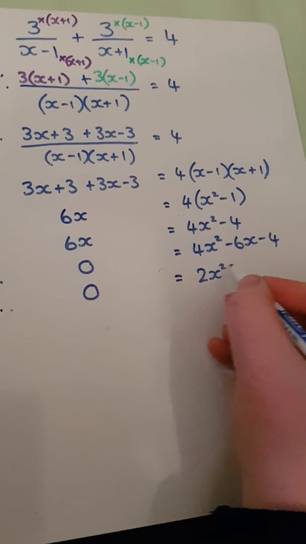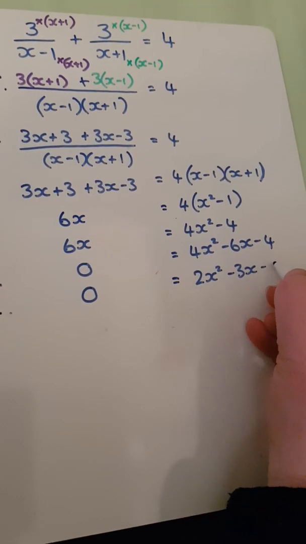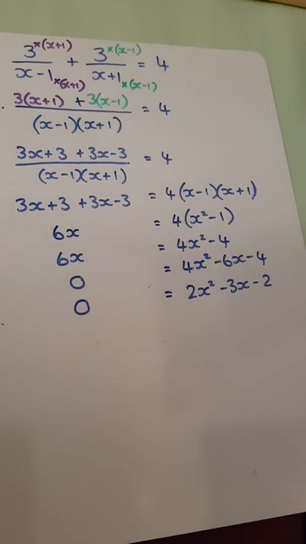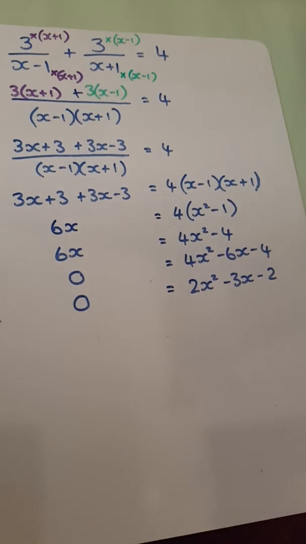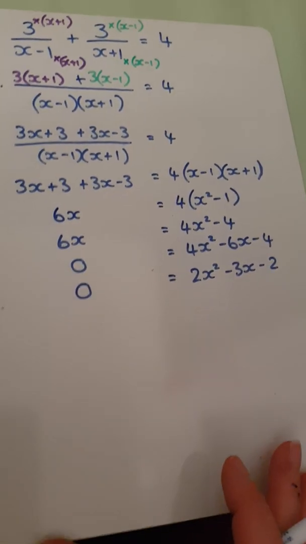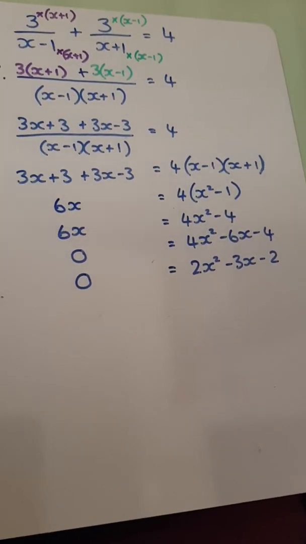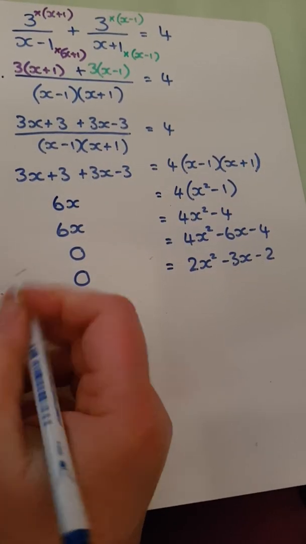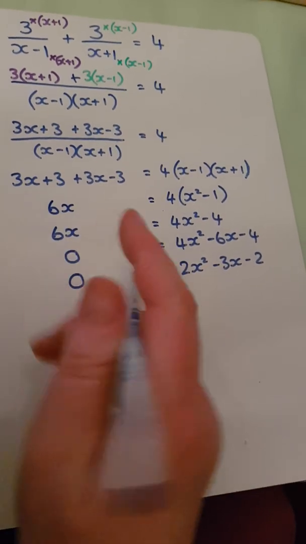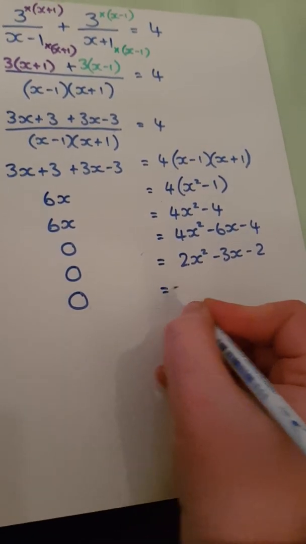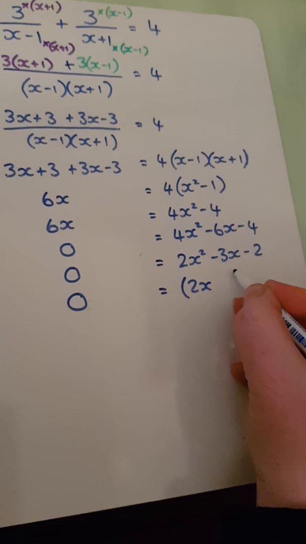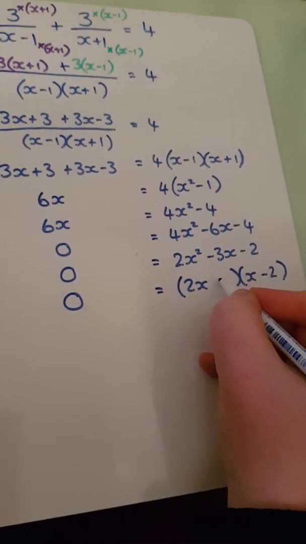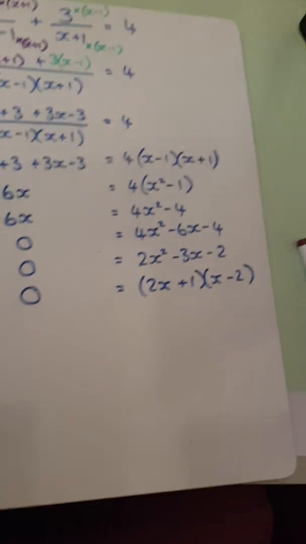So I've got 2x squared minus 3x minus 2. Remember, you can never, ever, ever divide by an unknown, though. It must be a known number that exists, because otherwise you're potentially dividing by 0, which doesn't exist. So if we then factorise that, we've got 0 equals 2x and x, minus 2 and plus 1.